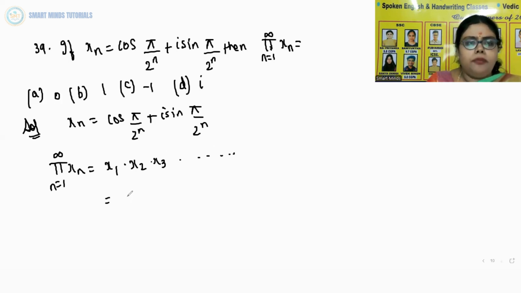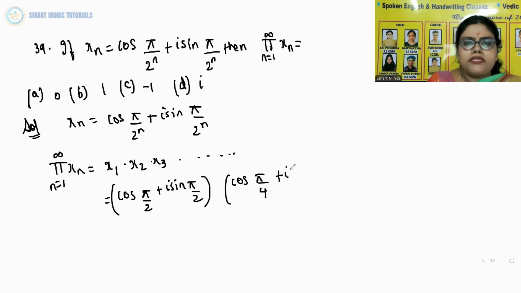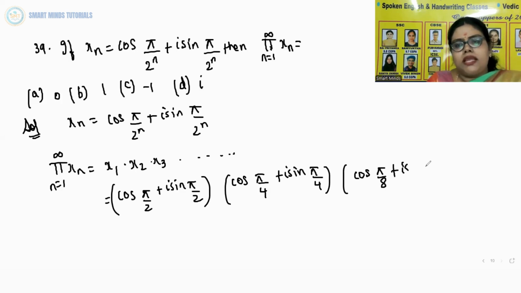So first if you put n equals 1, you will get cos(π/2) + i sin(π/2). Then if you take n equals 2, you will get cos(π/4) + i sin(π/4). Then cos(π/8) + i sin(π/8) and so on.